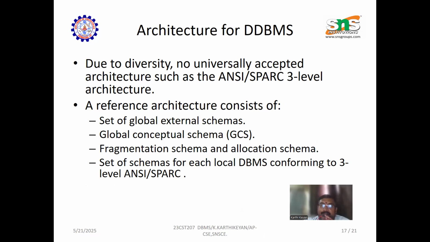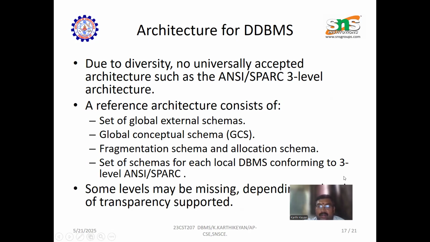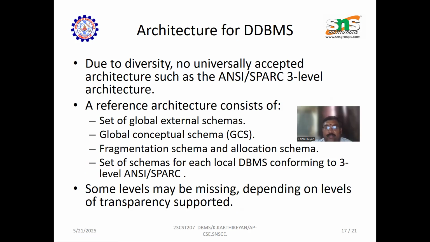Due to diversity, the initially accepted architectures such as the ANSI/SPARC three-level architecture and reference architectures consist of a set of global external schemas, global conceptual schema, fragmentation schema, and allocation schema. There is a set of schemas for each local DBMS conforming to the three-level ANSI/SPARC. Some levels may be missing depending on the level of transparency and support.